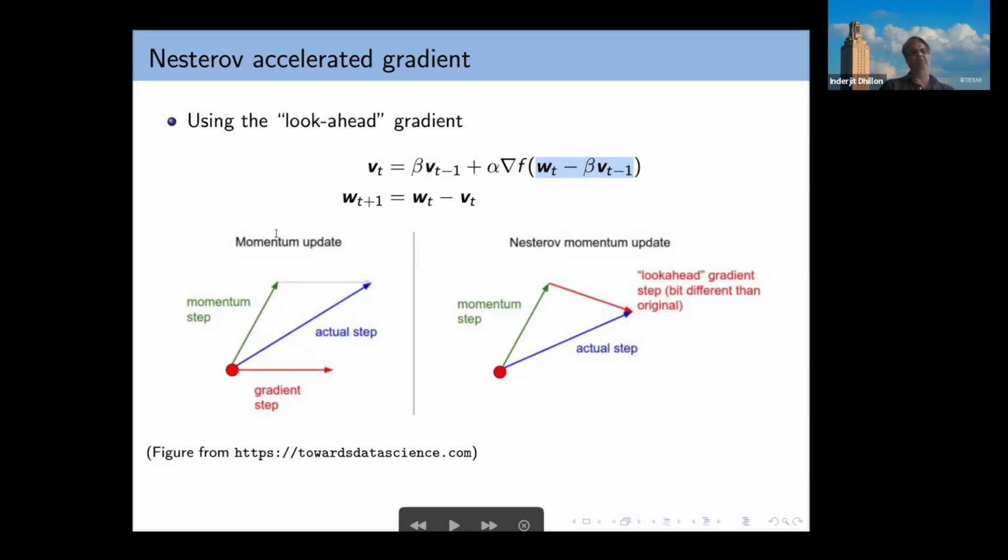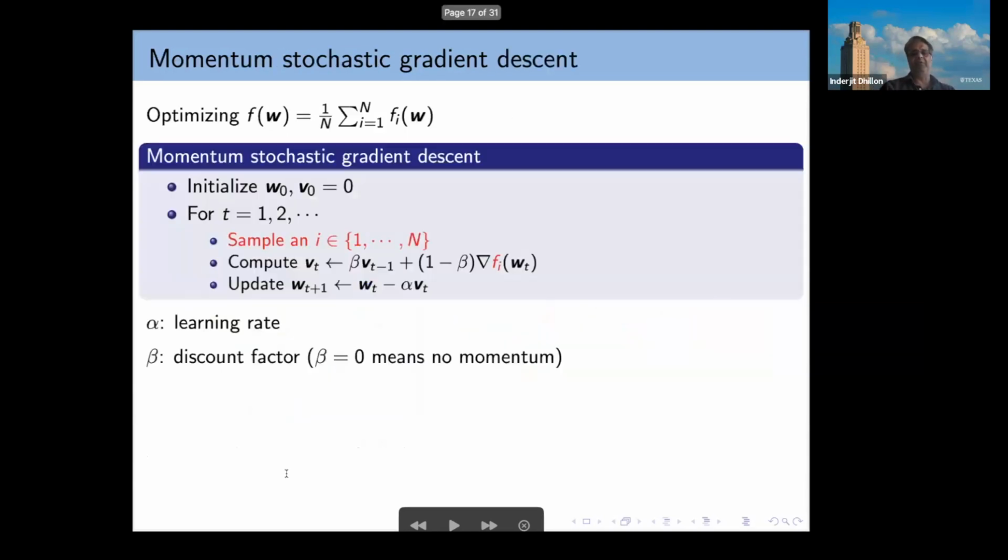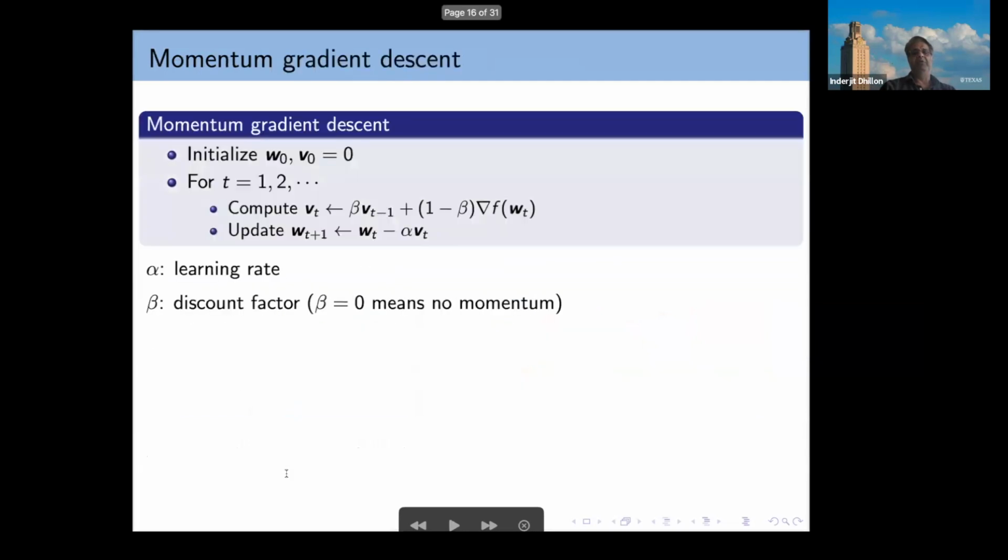I don't think we have to go too much into detail on Nesterov accelerated gradient, but let me spend a little bit of time. Typically in the momentum update, you have a gradient step, you have a momentum step, and then you take an actual step, which is a linear combination, or actually a convex combination, of the gradient and momentum step.